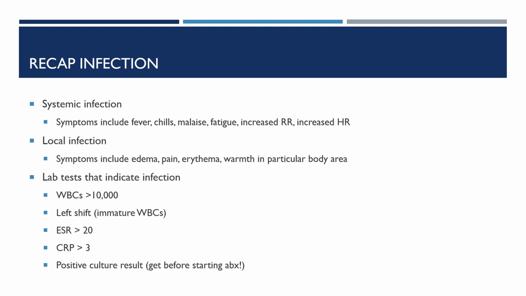Again, this will rise in response to inflammation. Positive culture results. You will get blood cultures when someone has an infection, if you need to. Before you even start those antibiotics, you must get blood cultures.